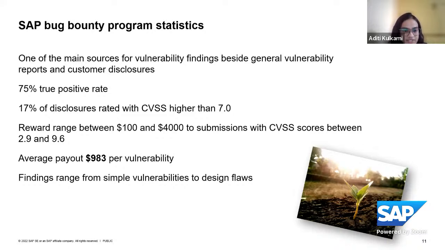The reward range has been between $100 to $4,000, with CVSS scores between 2.9 to 9.6. The average payout has been $983, averaged across the different programs that we have. We also have findings ranging from simple vulnerabilities to design flaws.